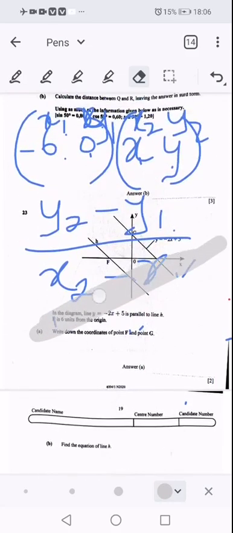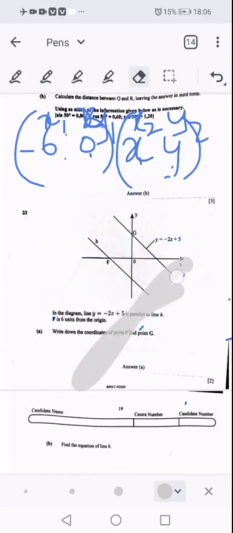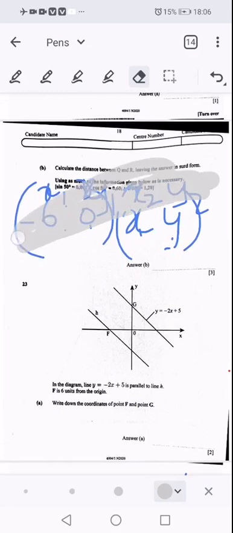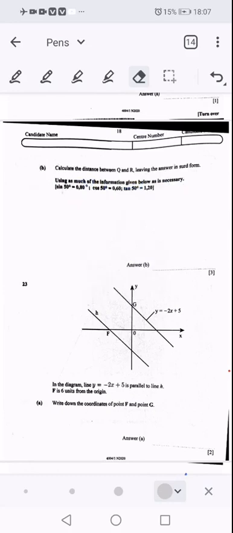As you can see, this is the question paper. Just count my marks so far. I don't trust you. Okay, so that's it.